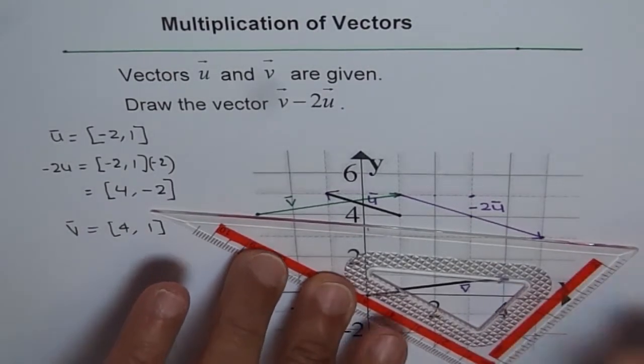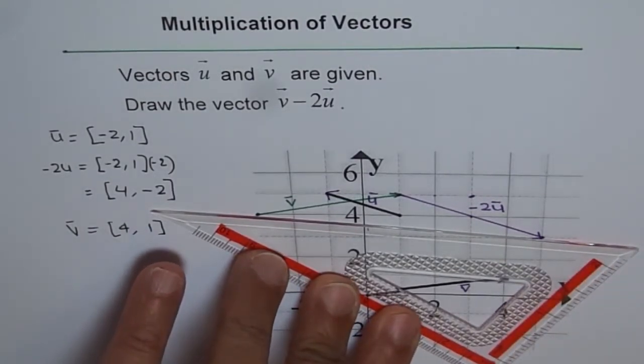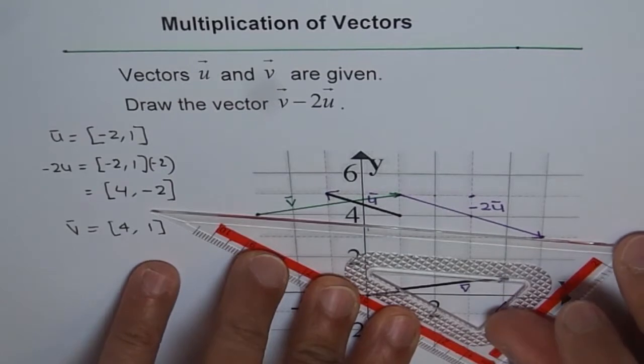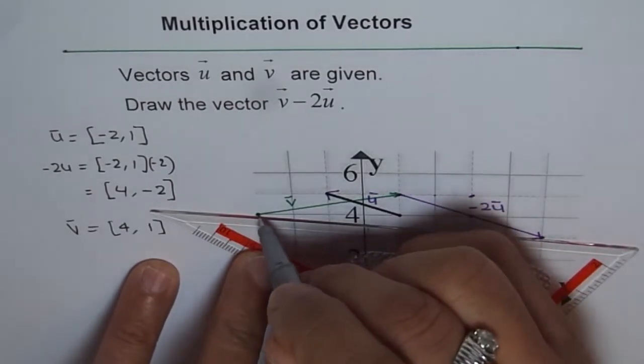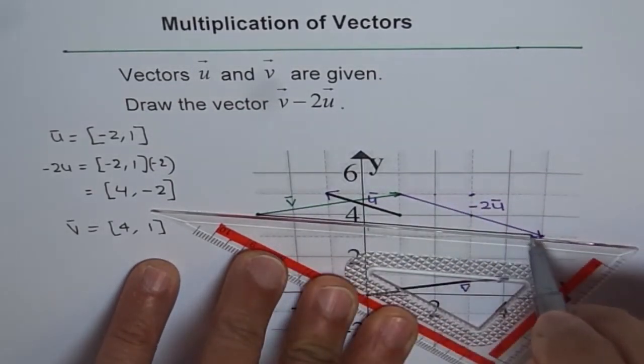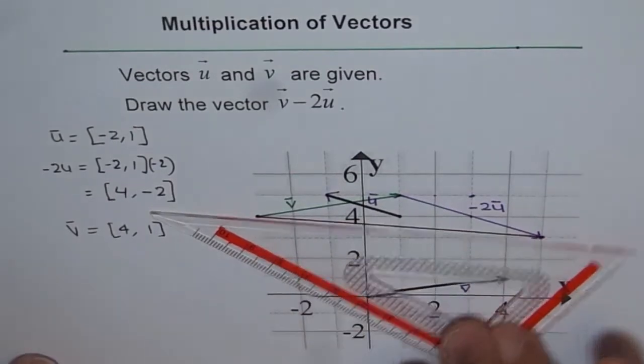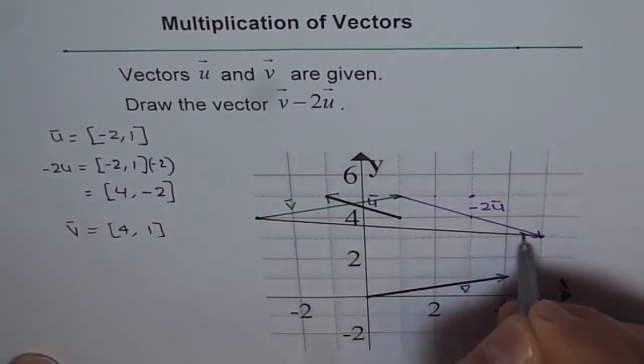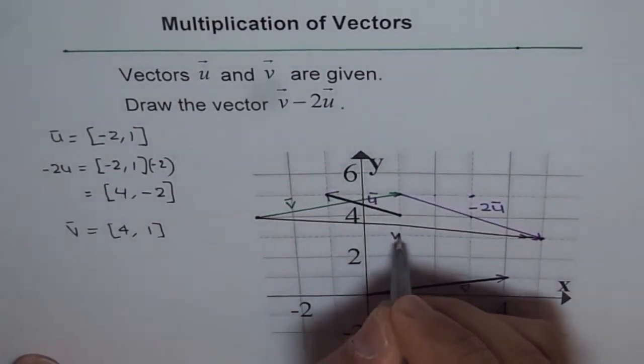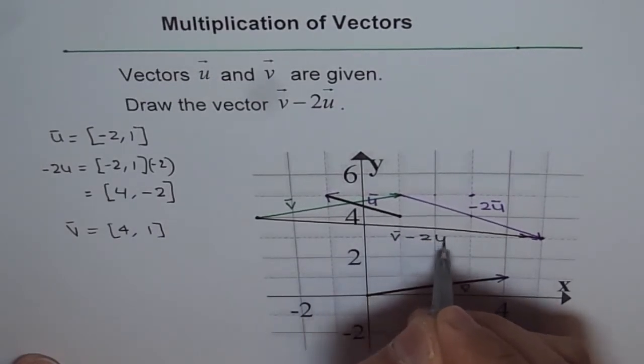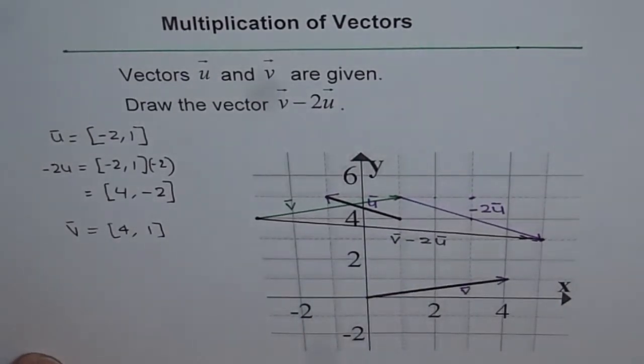So that is the resultant, and we'll draw this resultant in a different ink. So we have this vector here that shows our v minus 2u, right? So that is how you can draw the vectors on the grid.